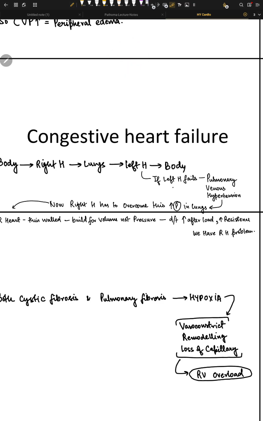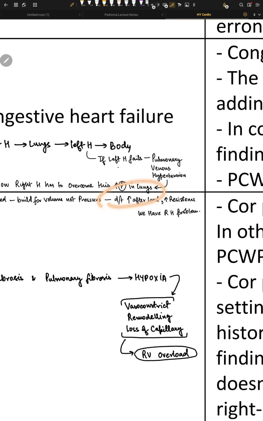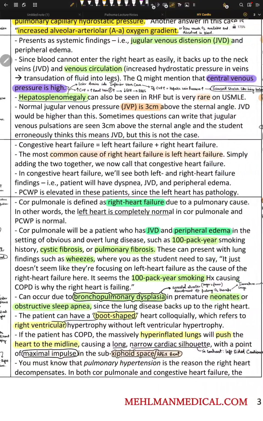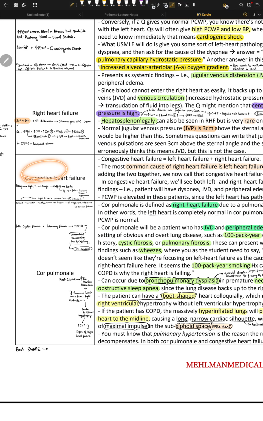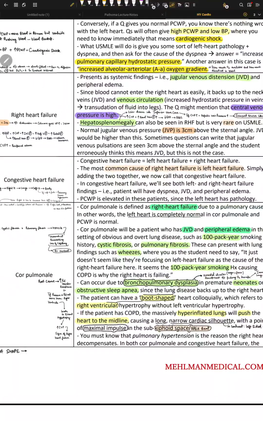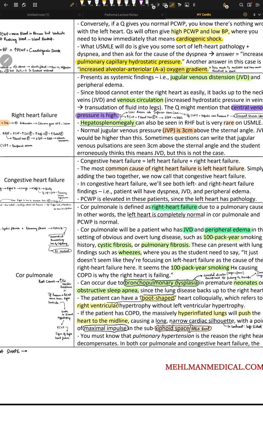So we have increased afterload because the left heart is denying blood from the lungs, and now the lungs have hypertension, a lot of blood accumulation here. Now this increases the afterload for the right heart. I hope you get it. Due to increased afterload, we have increased resistance, and then we have right heart problem. So that is congestive heart failure, not just right heart failure.